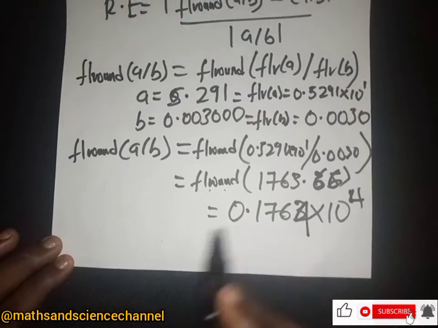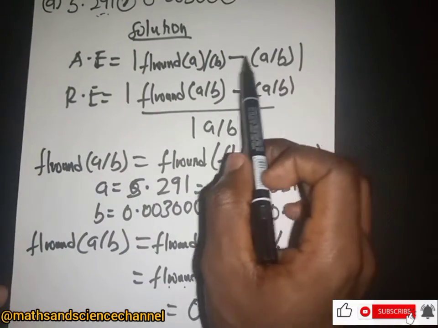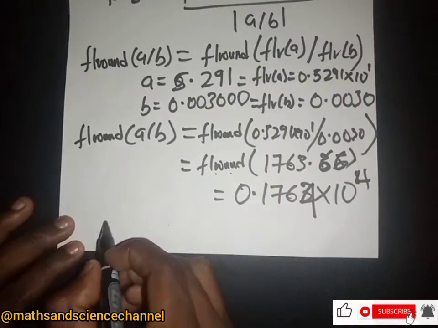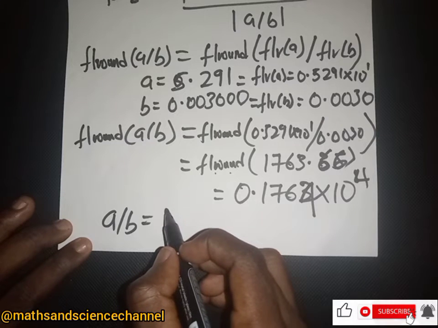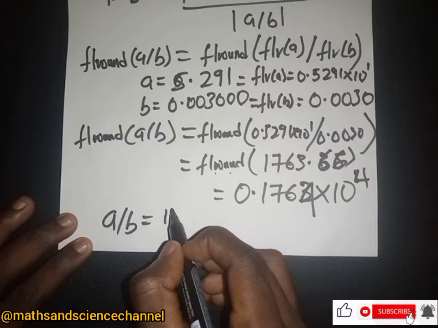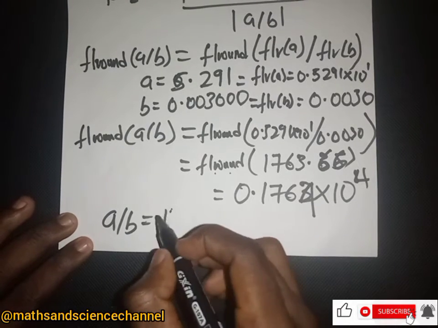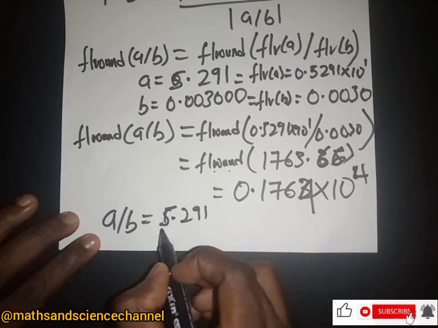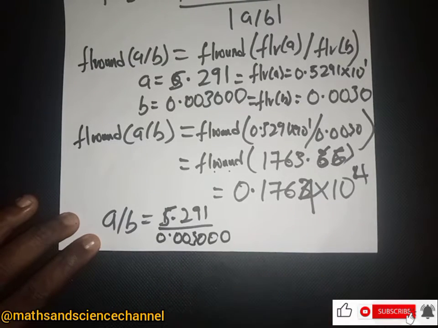Now we can compute the absolute and the relative error, but we also need a divided by b. So a divided by b is 5.291 divided by 0.003000.